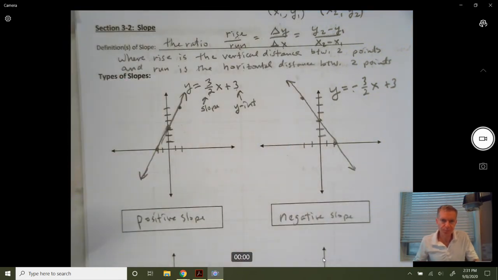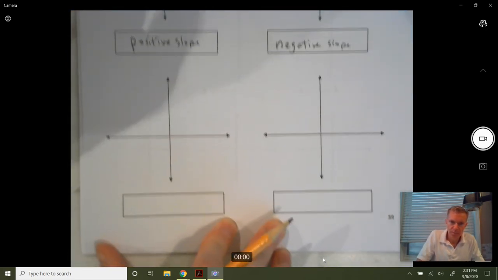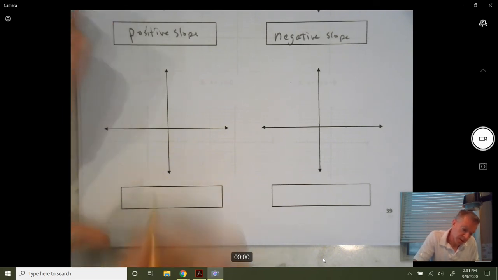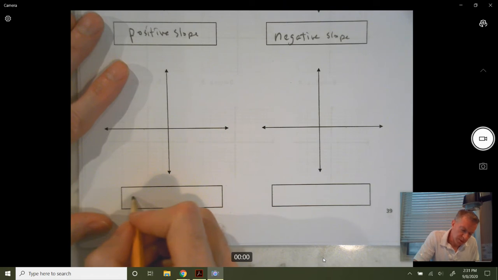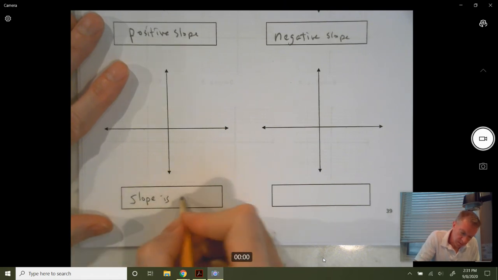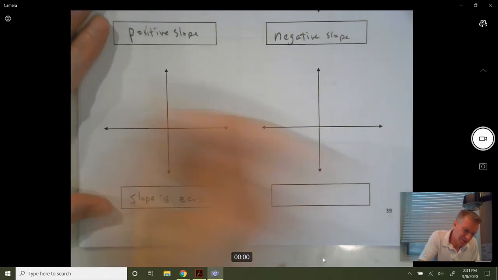Okay. And then the other 2 types of slopes, the zero slope. So we could say slope is 0. So any horizontal line has a slope of 0.